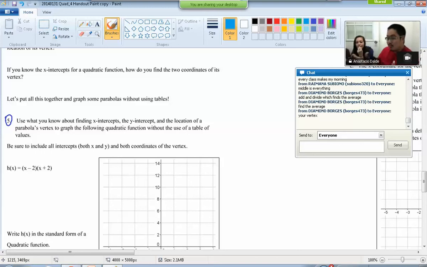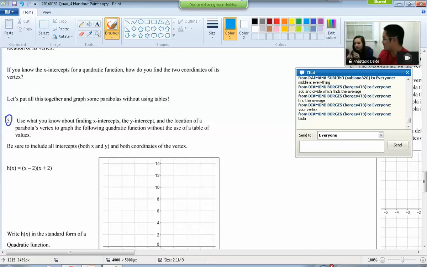Well, once I know the x value, I can just plug that into my function and then figure out what the y is. You just take it and plug it in. So that's how you would get the 2 coordinates. To get the x value, you first have to find where it crosses. And then you take the average of that. You find the middle. And then to get the y value, you can't get the y value without first getting the x value. And then you just simply take that x value, plug it into the original function. Boom, you're done. Does that make sense?